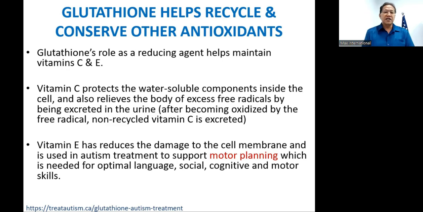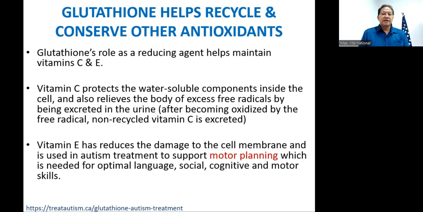So after becoming oxidized by free radicals, the non-recycled vitamin C is excreted. So people say, when you take a lot of vitamin C, now your urine is expensive. You all have heard that term, and people say, don't waste your money on vitamin C. Those who say that mean they don't understand the science. You want your urine to be full of vitamin C. That means it has been rescuing you, getting rid of the free radicals from the body.